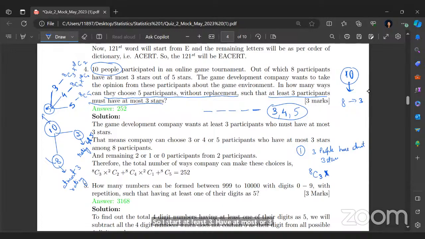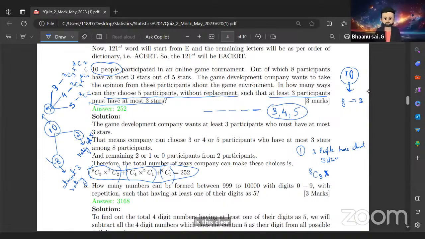So we have 8 choose 3 times 2 choose 2, this is the first case, plus 8 choose 4 times 2 choose 1, plus 8 choose 5. That gives you 252. Is this clear? Yes, ma'am. Okay.